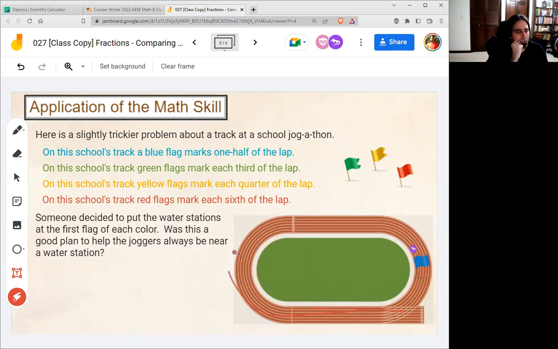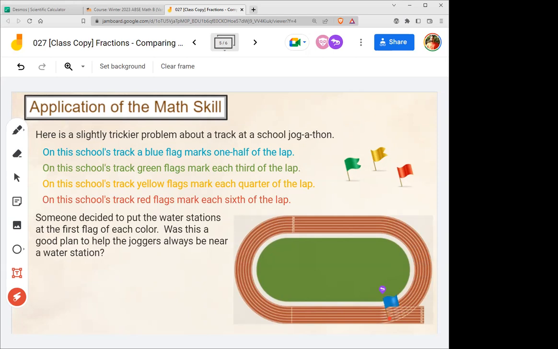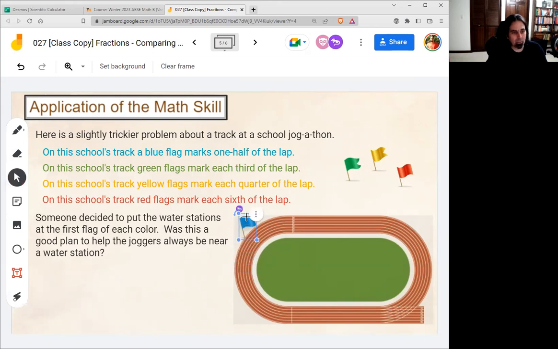That seems like you're making me run too far for halfway. I'm not sure. I don't know if it's like there or maybe over here. Yeah, I would put it kind of right over there.